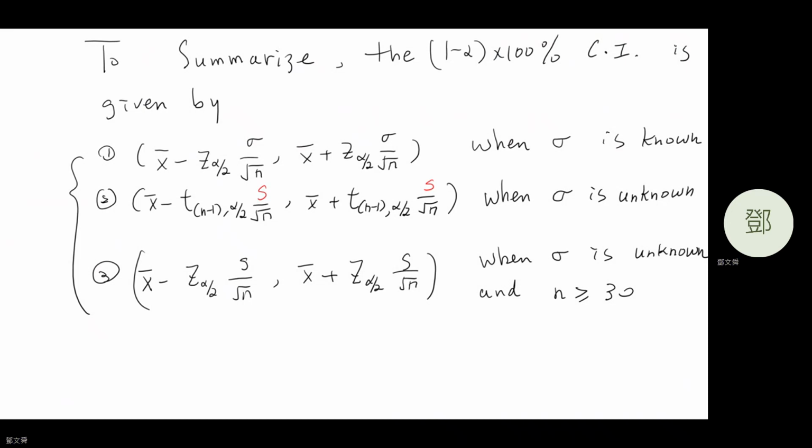Number two, when sigma is unknown, you can use the fake sigma and go to the t table. But if your sample size is at least 30, then you can use the fake sigma and go to the z table. That's what we should learn today. And now we are going to the next section.